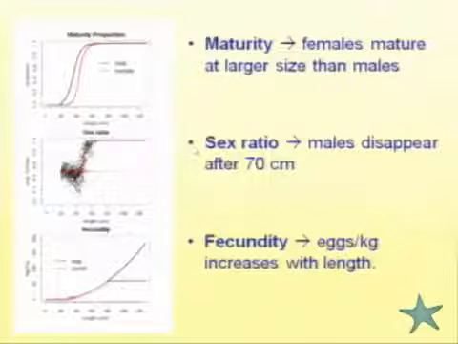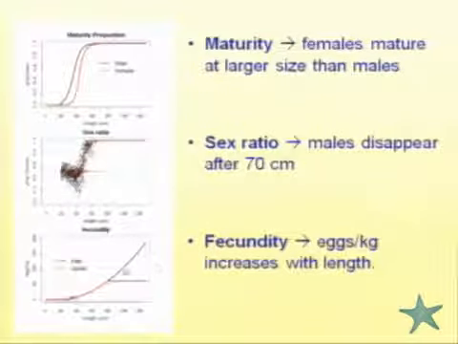If you look at the sex ratio, you can see also that the males disappear after 70 centimeters. So until 130, most of the population are females. And if you look at the fecundity estimation, you only have observations between 40 and 80 centimeters.